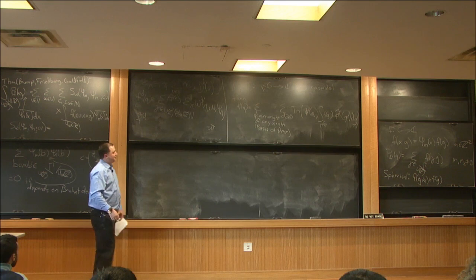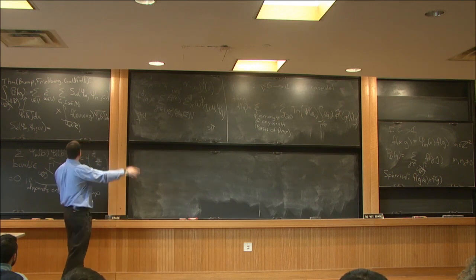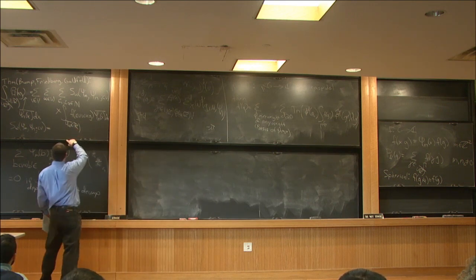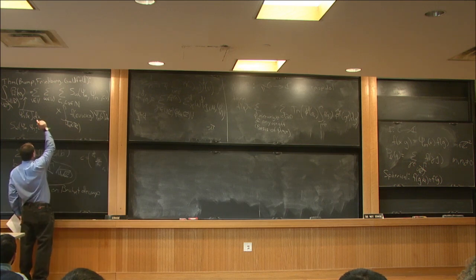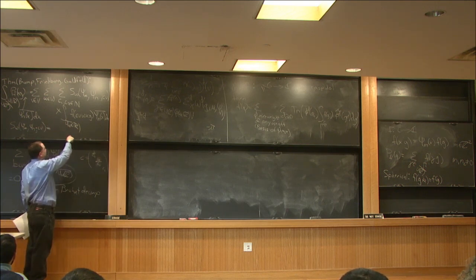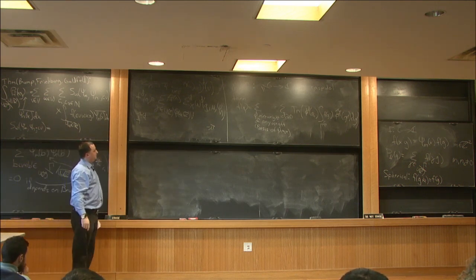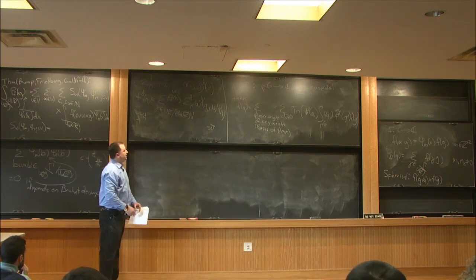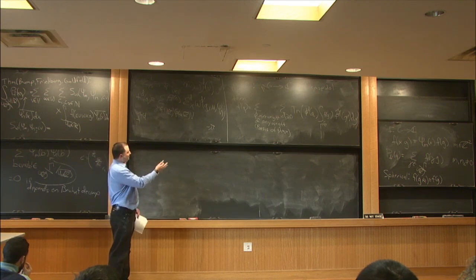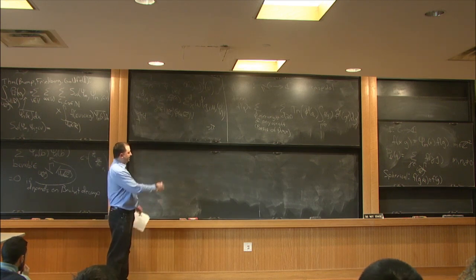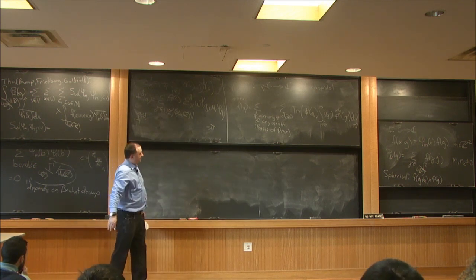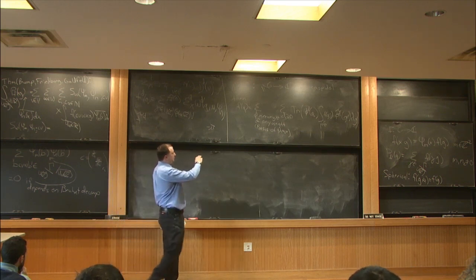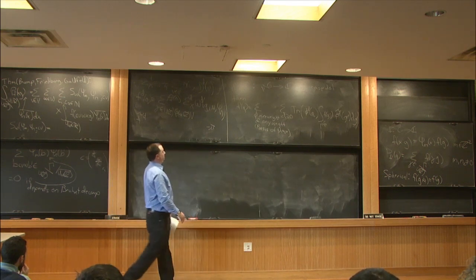Okay, so if you take a function f, you have this Bruhat decomposition, and you have a spectral expansion for the Poincaré series, like that. And actually what I would take my f to be is an inverse Whittaker transform.